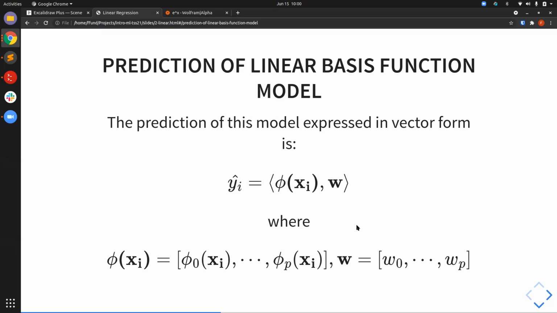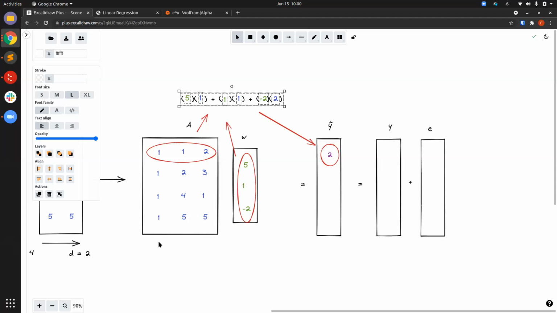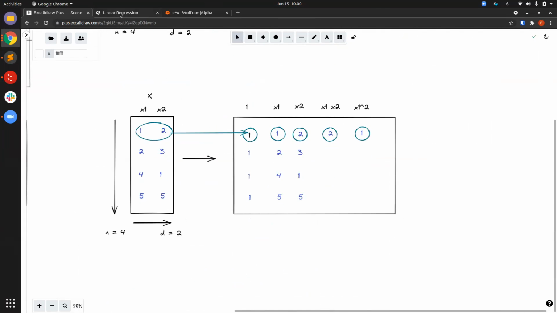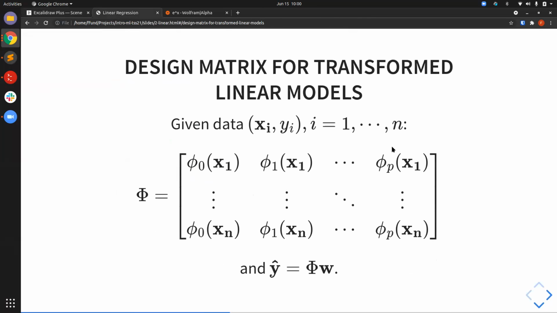And just as we did here, we can represent all of this in a matrix. Let's say the first row contains the basis function values for the first row of the data, all the way up until the bottom row, which shows the basis function values for the last row of data.